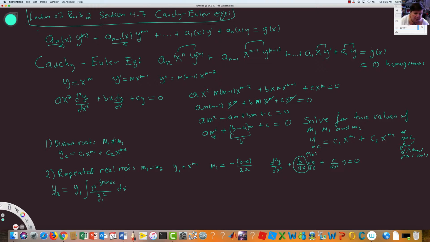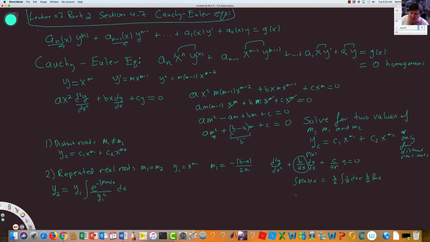Okay, and so let's substitute in. First, actually, I think I want to do that integral by itself first. So I'm going to do this little integral of p of x dx. That's the integral, b over a outside, 1 over x dx. So it's b over a ln of x.